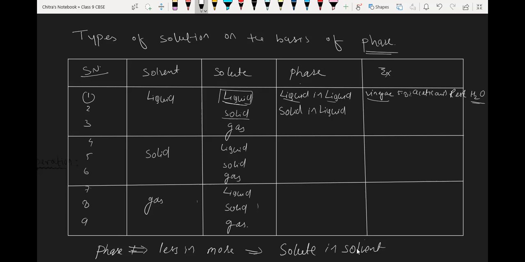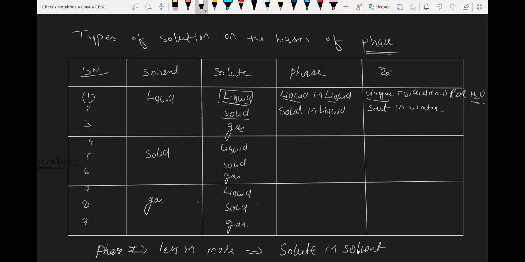Sir, what is the meaning of less is more? The solute is less and the solvent is more. That's why I have written solid in liquid, because it is solute in solvent. See, for solid in liquid we have salt in water.